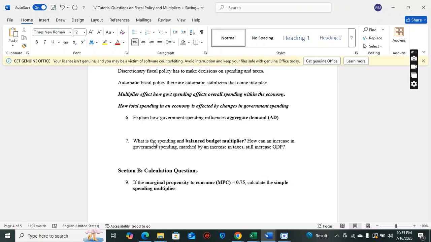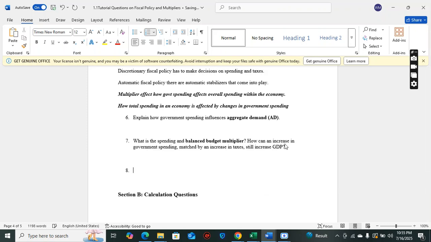The spending multiplier tells us how much overall spending will increase when government spends.